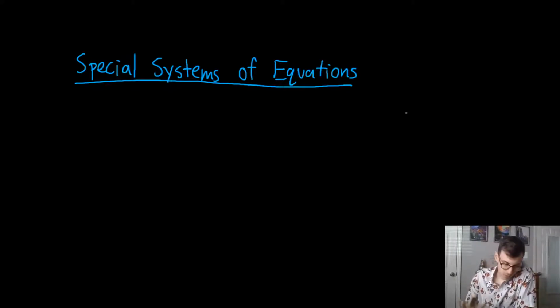First, what we've been talking about with substitution, elimination, and solving by graphing is when our systems have one solution.